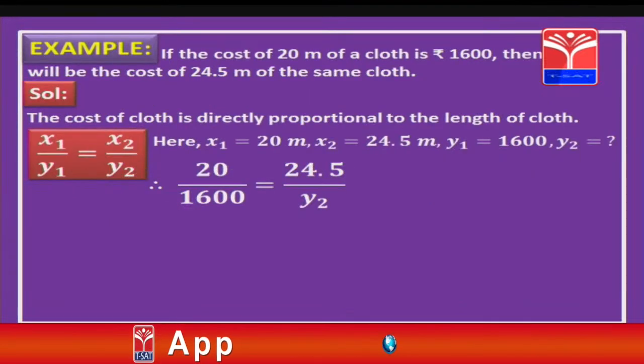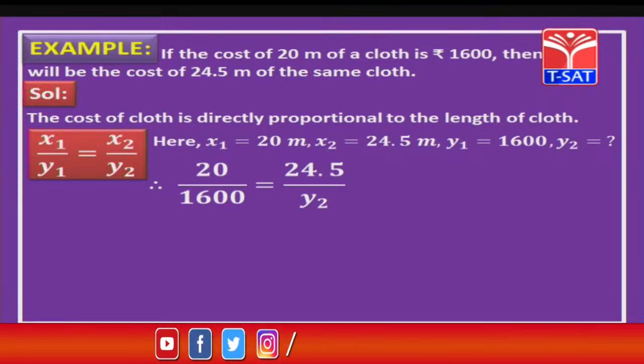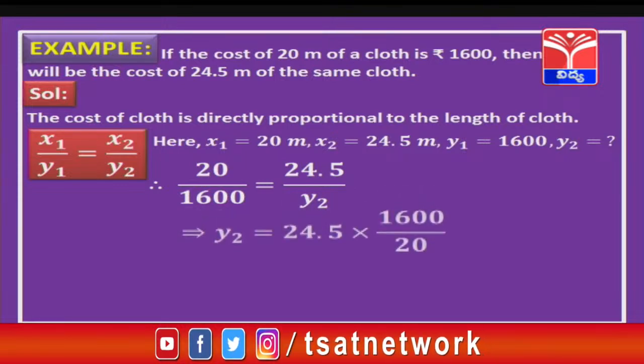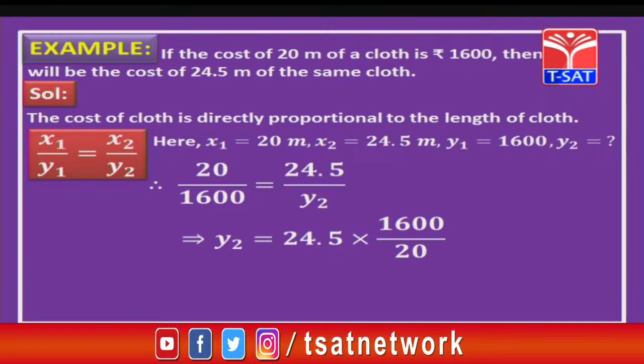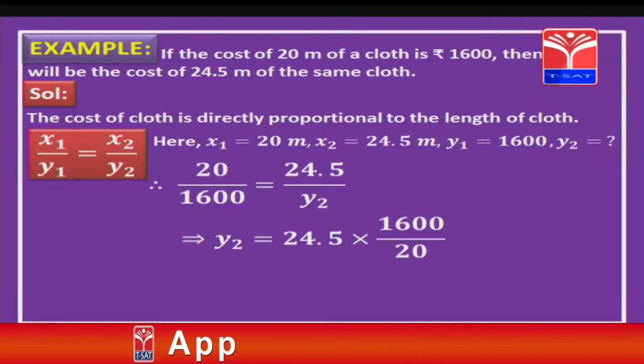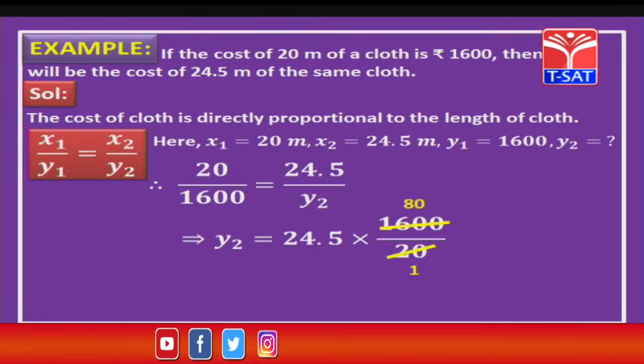Let us substitute these values in place of x1, y1, x2, y2. So, we get 20 by 1600 equal to 24.5 divided by y2. Let us cross multiply, children. Now, what do you get? The value of y2 is 24.5 into 1600 by 20. Now, let us simplify this, children. 20 goes 1 time in 20, whereas in 1600 it goes 80 times.